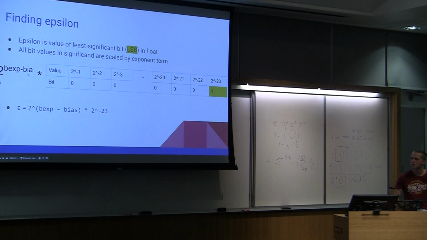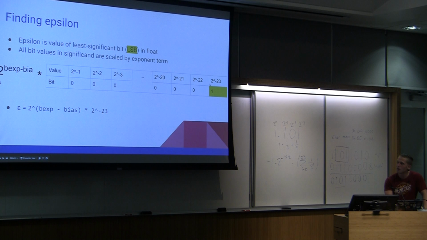If we treat the significand as an integer, without considering the exponent term, then this column is worth 2 to the negative 23. But we have to remember that the whole floating point number is scaled by the exponent term. Over on the left here, I have 2 to the biased exponent minus the bias. This term is going to scale the value of every column in the significand, including the one on the right.